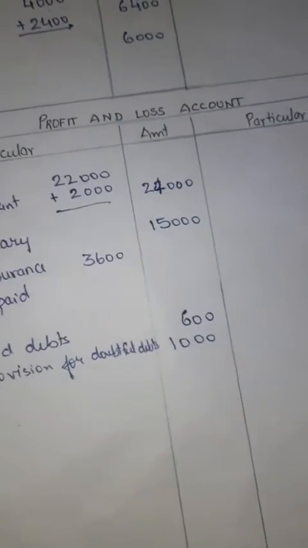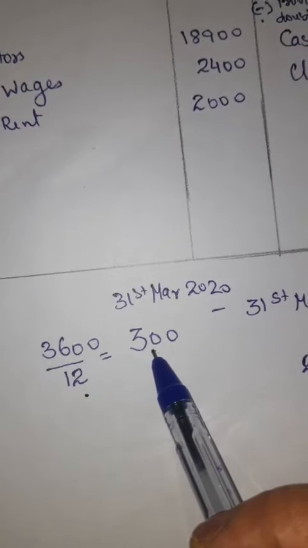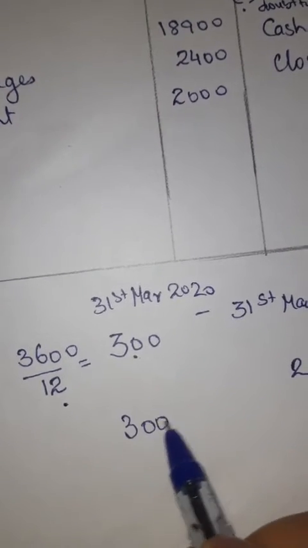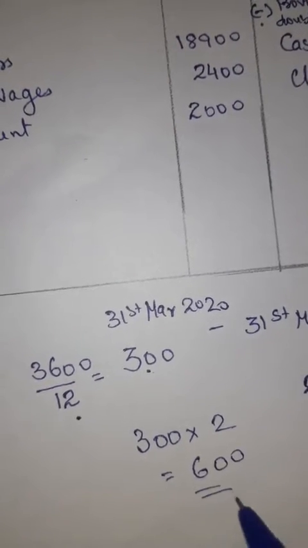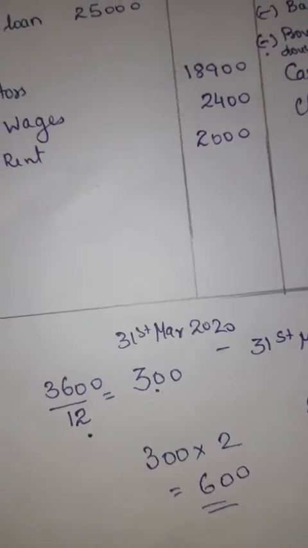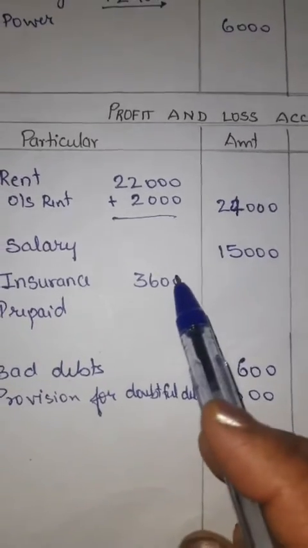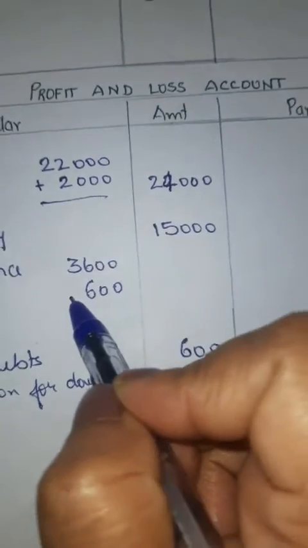The calculated amount: 3,600 divided by 12 is the insurance for 1 month, 300. So for 2 months, the amount is 600. You have paid 600 extra. That we are supposed to remove from here. So from 3,600 you remove 600 which is prepaid.